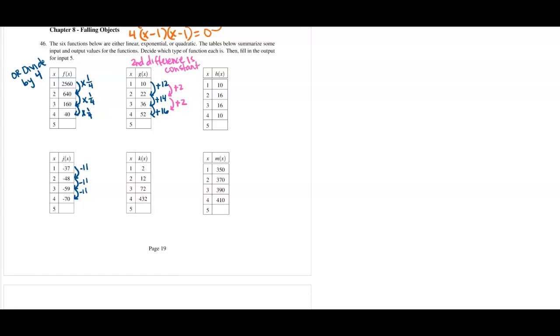On this first one here, we had a common ratio. And then on this one, we had a constant rate of change. Okay, and so those are the different things that we've talked about.